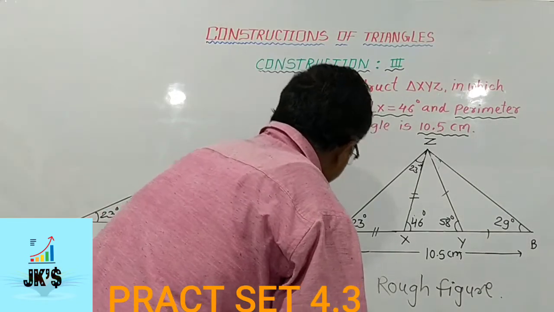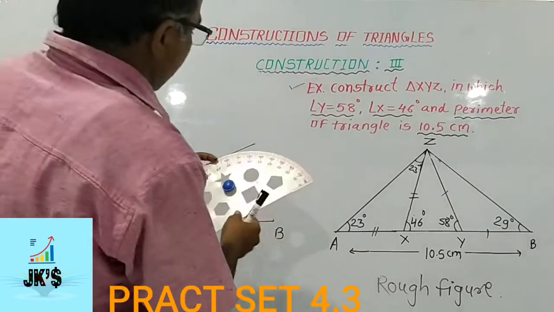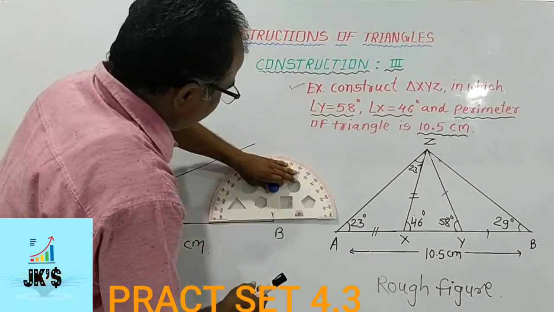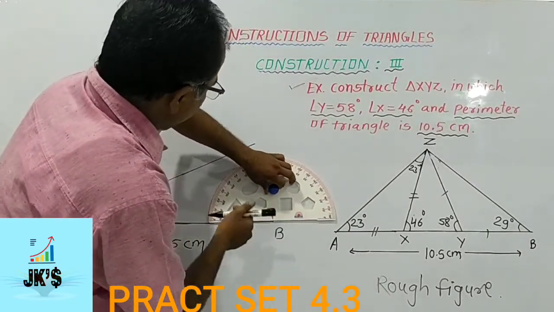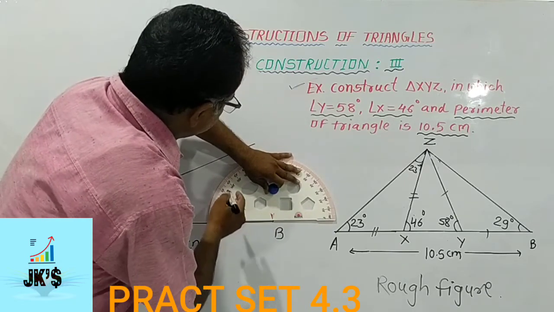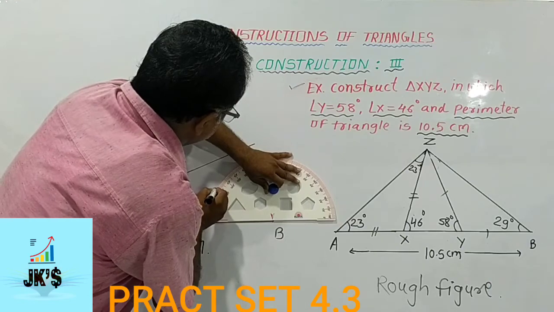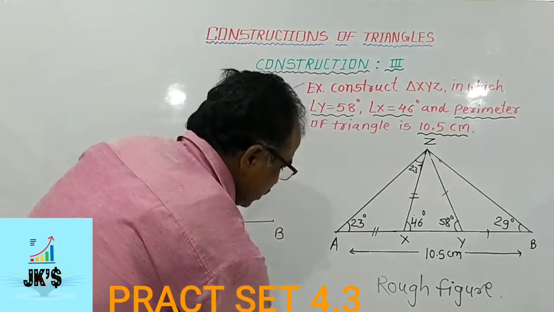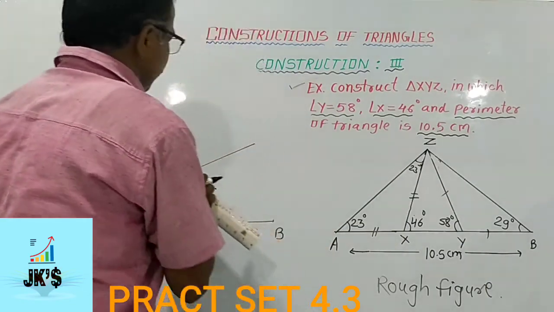Now similarly at B, draw a ray which makes an angle of 29 degree. Suppose this is the ray.